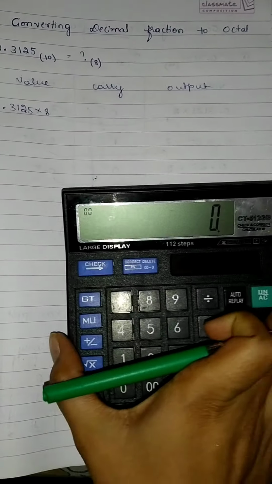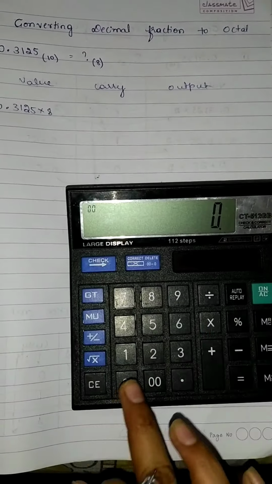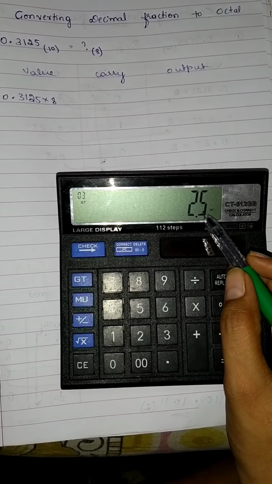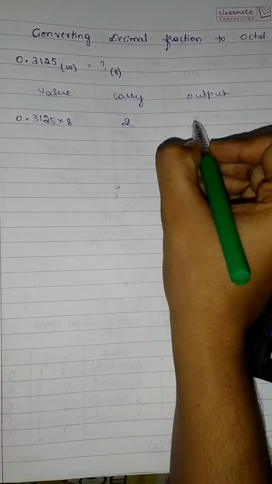What are we going to get? 0.3125 into 8 is 2.5. Then the carry is 2 and 0.5 will be the output. So 2 will be the carry, then 0.5 will be the output.